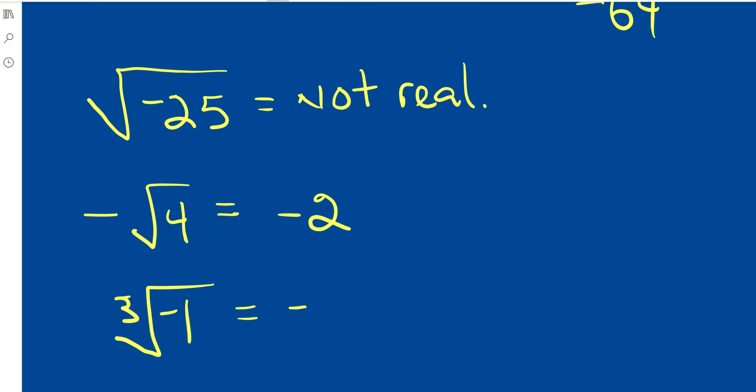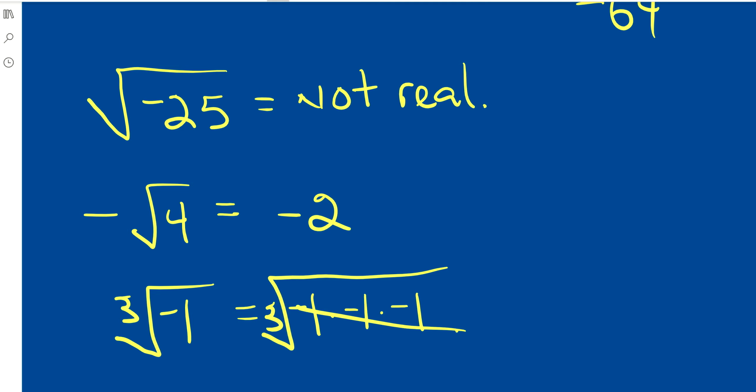So it's going to be negative 1 times negative 1 times negative 1. And I'm looking at it this way. The cube root of negative 1 is going to be, well, for every 3 of the same numbers, I'm taking 1 out. I've got 3 negative 1s, so I'm going to take 1 of the negative 1s out, and it equals negative 1. The cube root of negative 1 is negative 1.